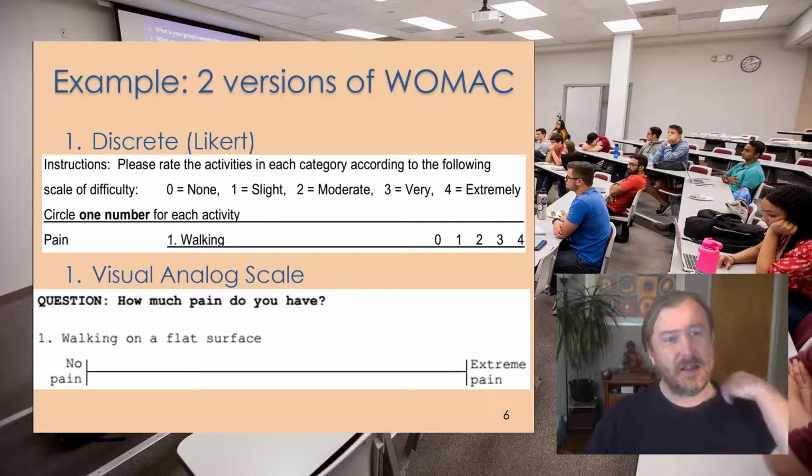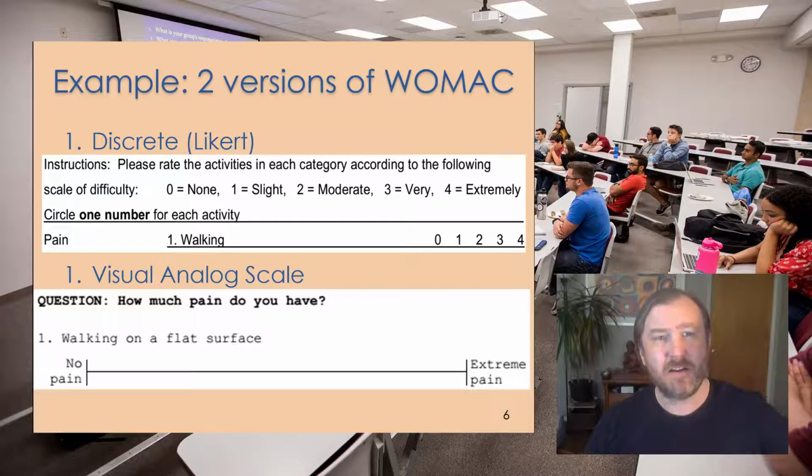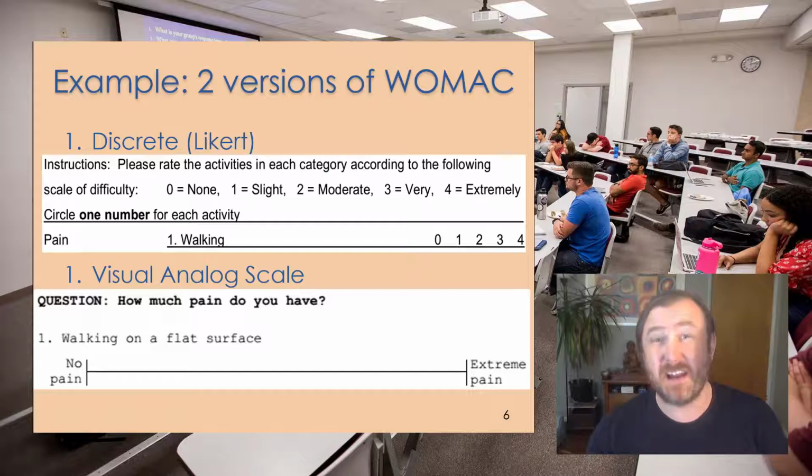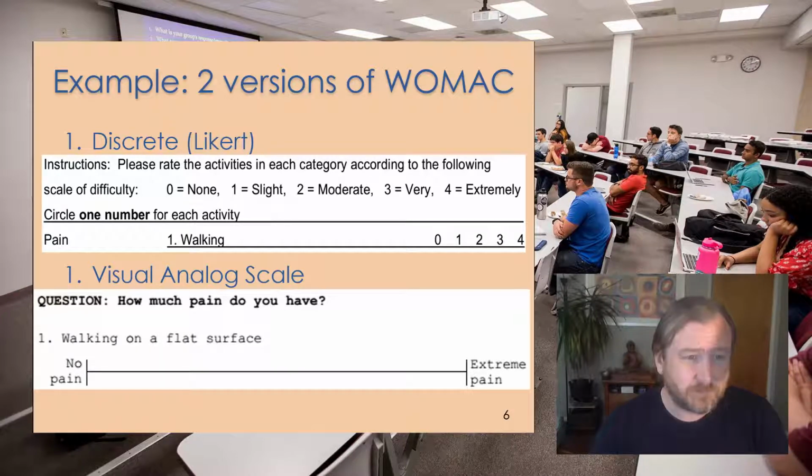Now, we can see here an example of the WOMAC. The WOMAC is a commonly used measure of arthritis, right? And it asks people basically the amount of activities that they engage in.